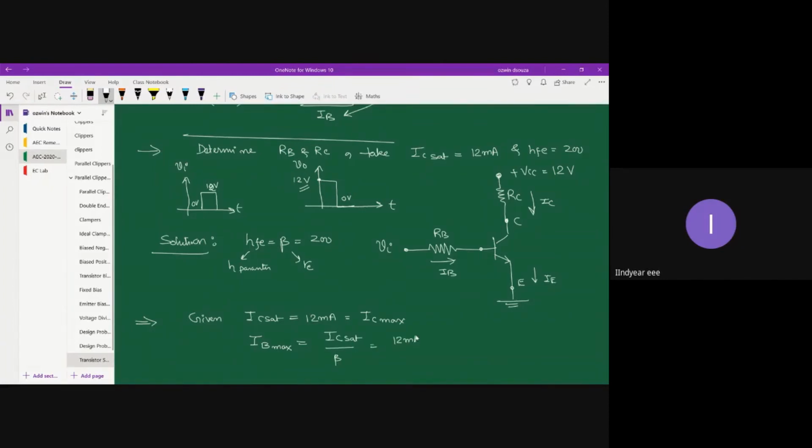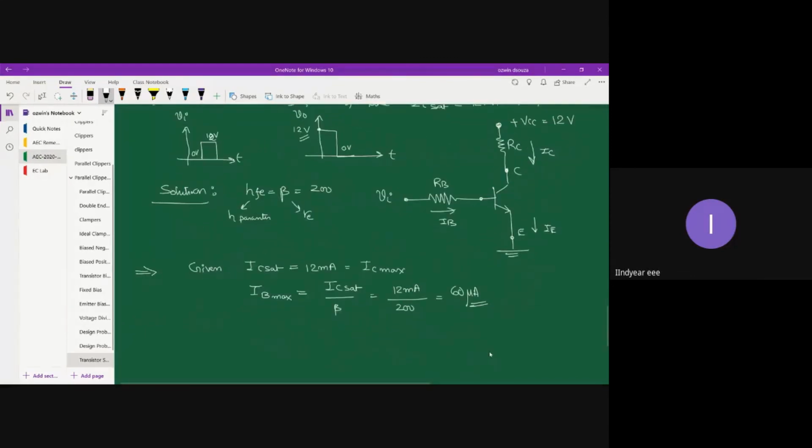So 12 milliamperes divided by beta, beta is 200. How much does it give? 60 micro. So IB max is 60 micro.